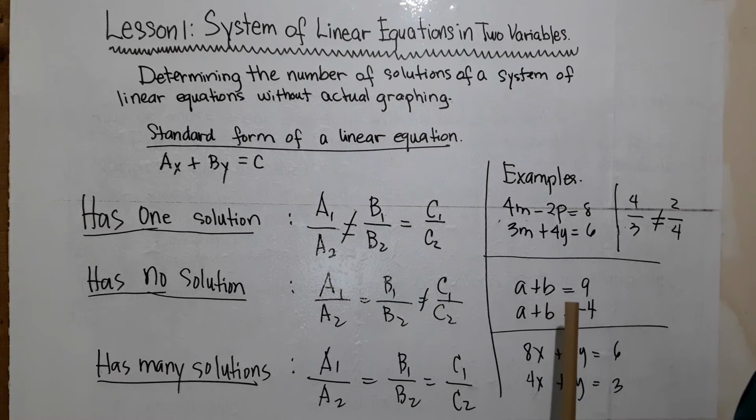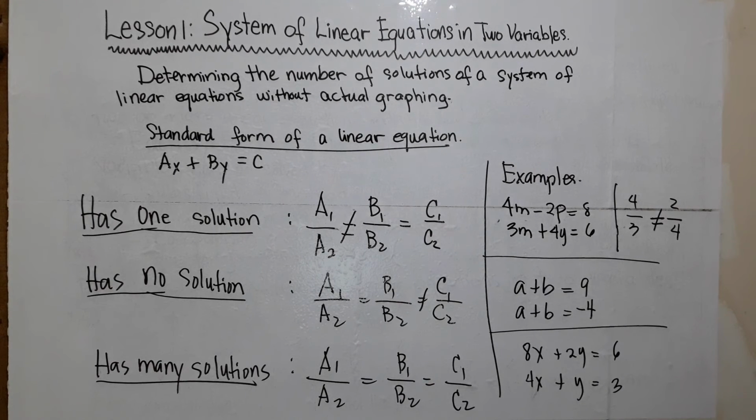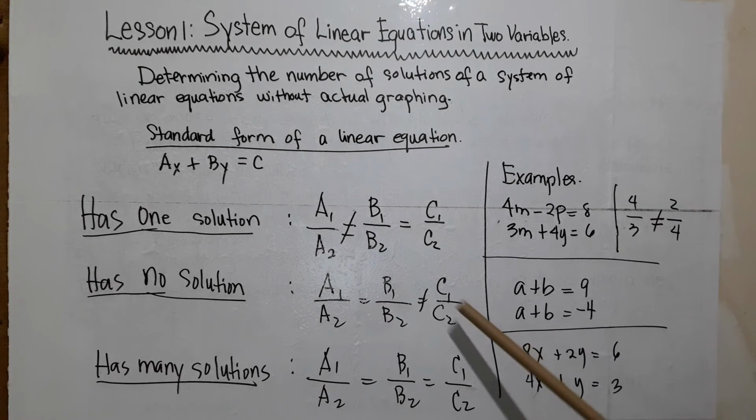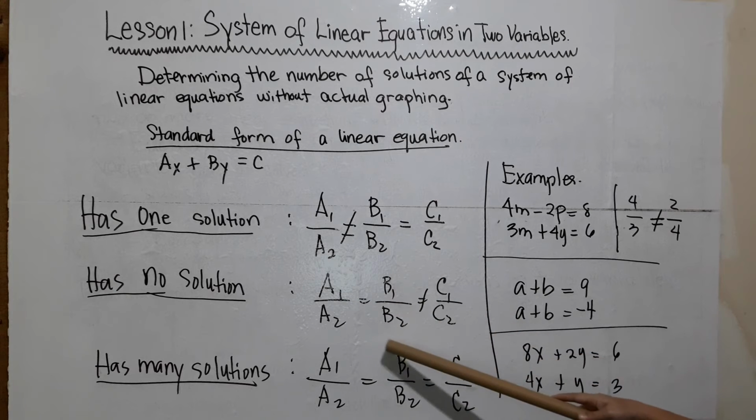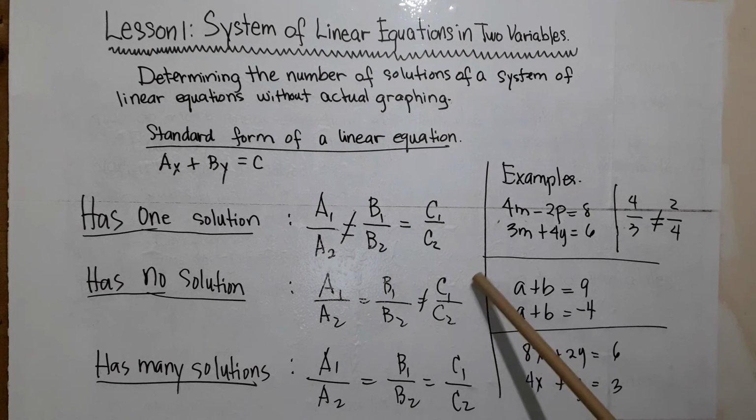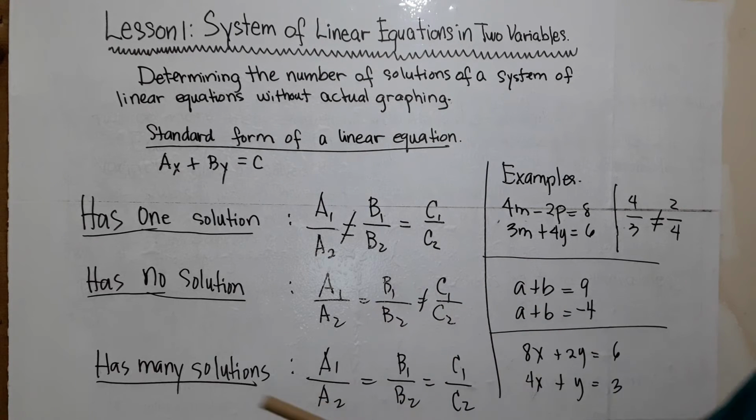Okay, look at the example here. We have a plus b equals 9. The other equation is a plus b equals negative 4. As I was saying, see to it that the ratio of the second term and the constant are not equal. If the case is like this, we expect that the system has no solution.